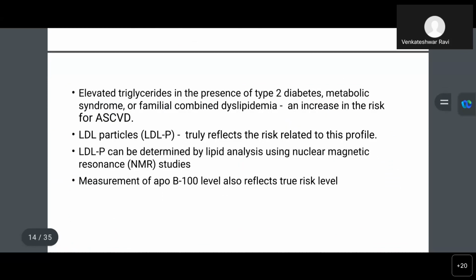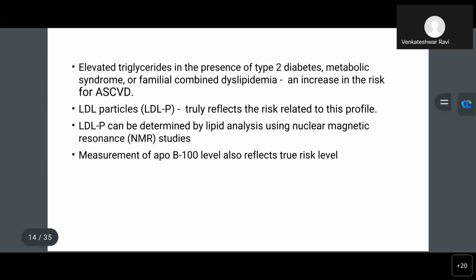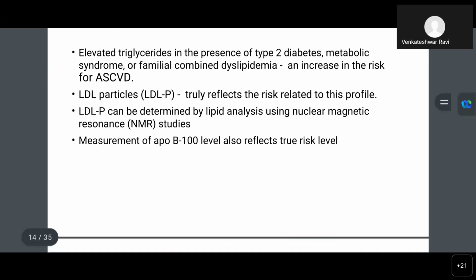Whereas elevated triglycerides in the presence of type 2 diabetes mellitus and metabolic syndrome are an increased risk factor for cerebral and vascular disease. LDLP, which is measured using an NMR study, truly reflects the profile of the patient. And measurement of apoprotein level also reflects the true risk level.